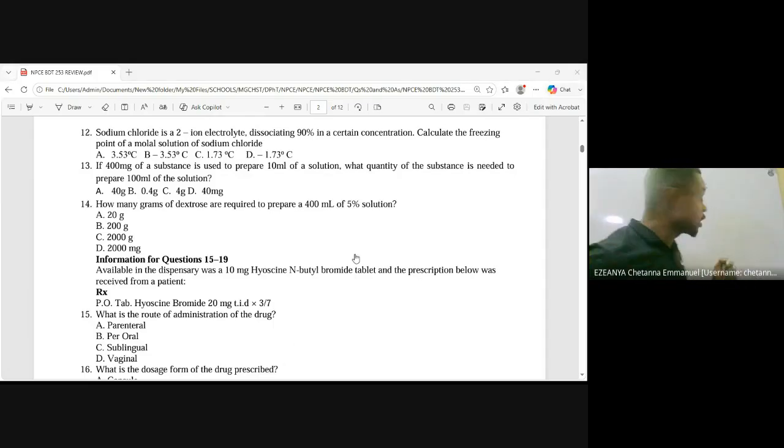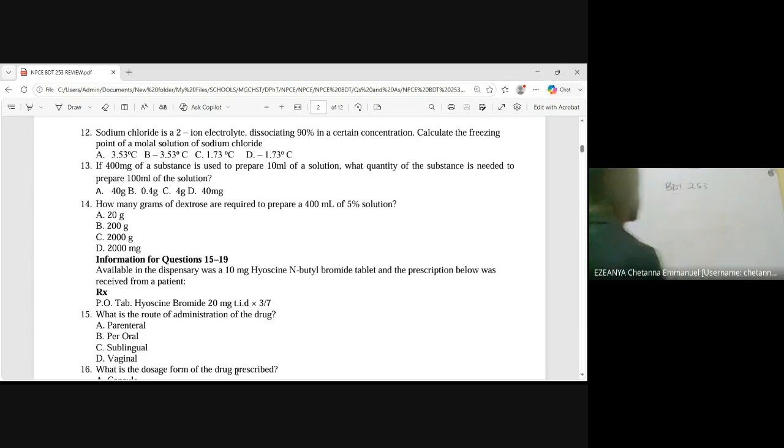Okay, I was trying to explain: calculate the freezing point of a molal solution. For you to understand the molal solution, we must understand the term molality.